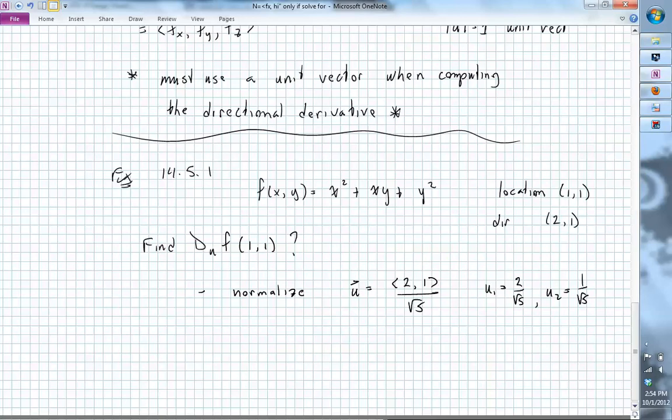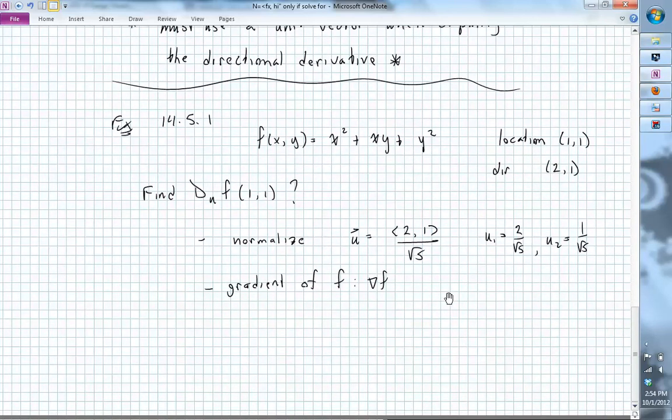The other thing I need is the gradient. Okay, the gradient of f is the vector of first partial derivatives. So we need f sub x, which in this case is 2x plus y, and we need f sub y, which in this case is 2y plus x.